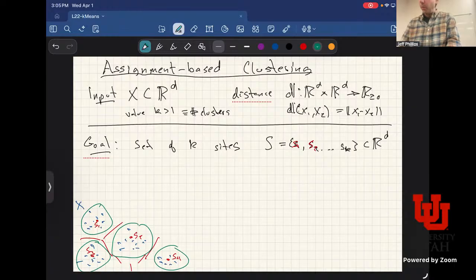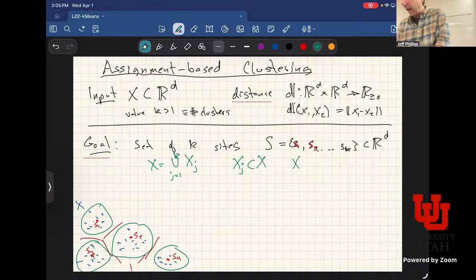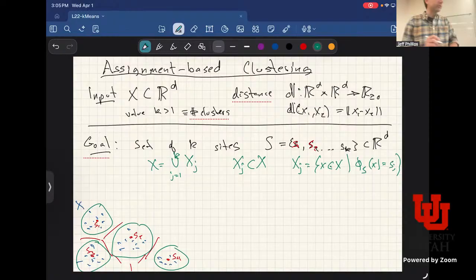And so we are going to divide X to be equal to the union of j equals 1 to k of these sets X_j. So X_j will be a subset of X, and X_j equals the x in X such that this function phi defined on the sites maps to s_j.